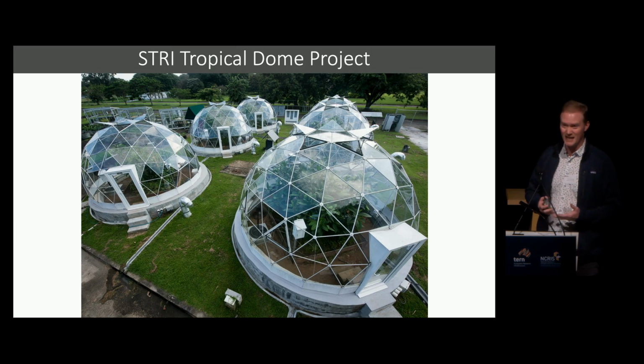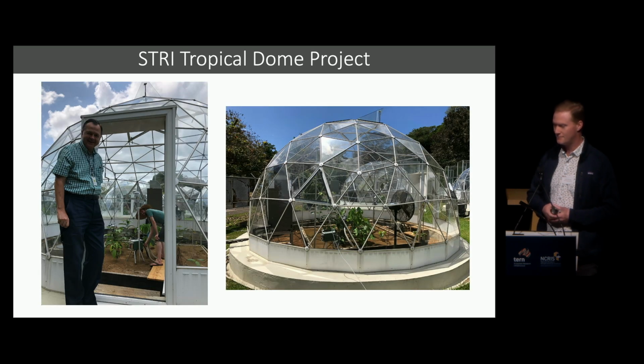So I want to use some results from an experiment that I worked on with colleagues at the Smithsonian Tropical Research Institute to try to inform that question. So this is my longtime collaborator, Klaus Winter, in Panama at the Smithsonian.